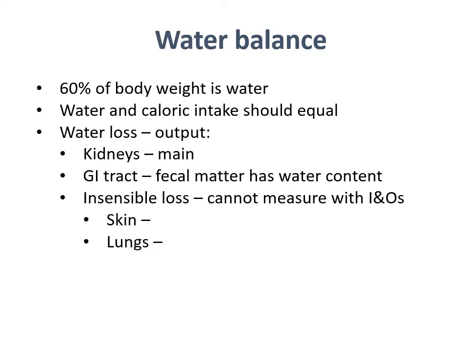And at the same time, it wants our electrolytes to be in pretty tight parameters, such as sodium and potassium and chloride and calcium and magnesium. So there's often a balance between water balance and electrolyte balance.